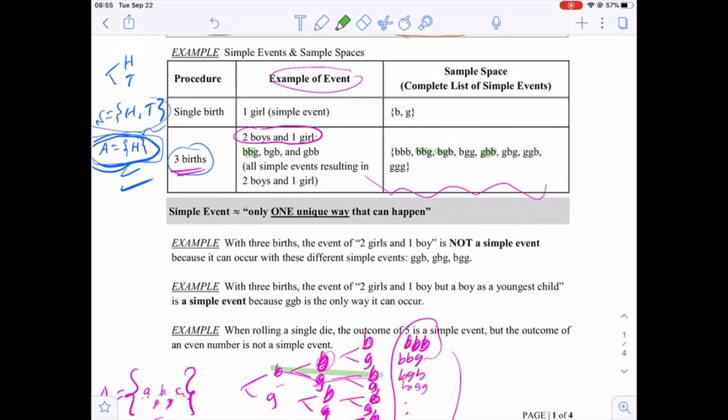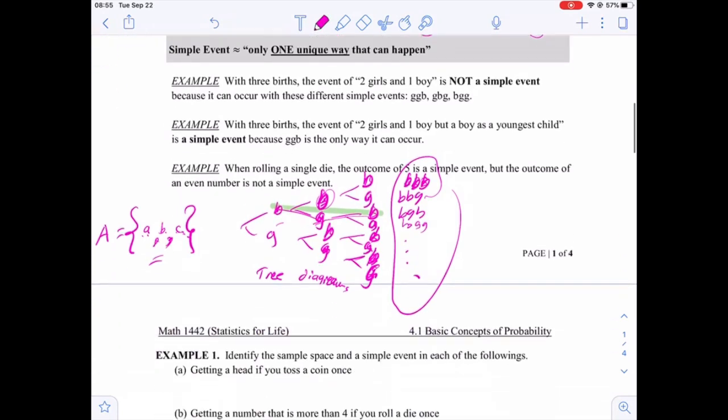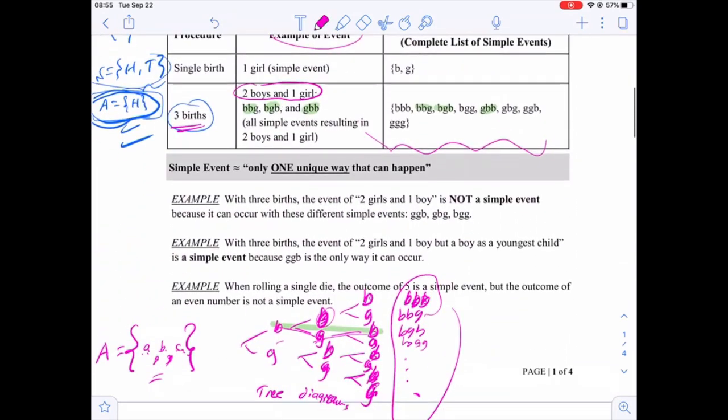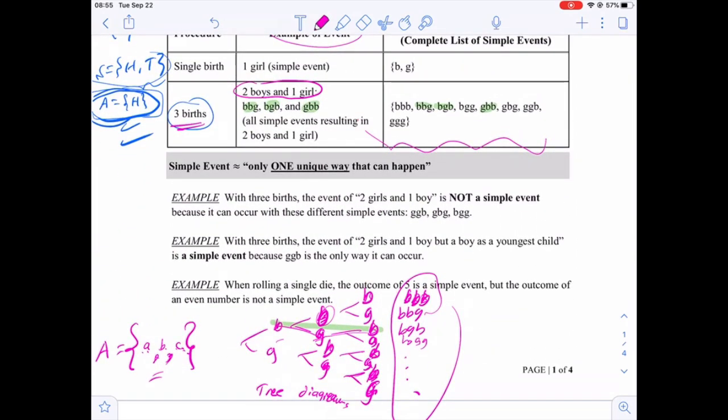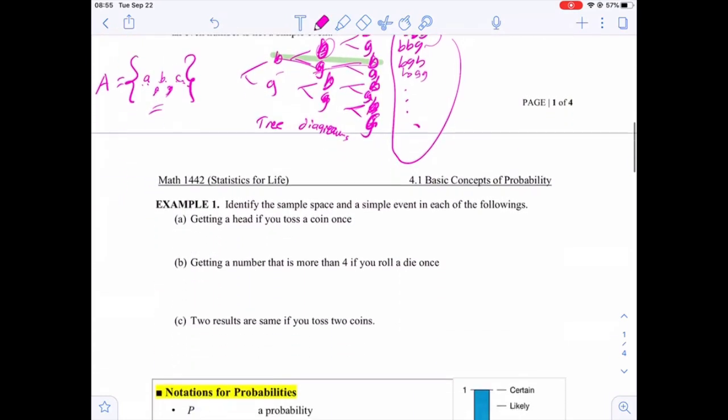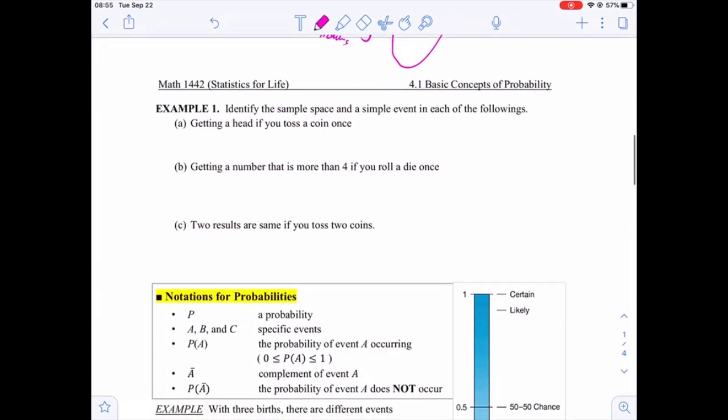So we have 3 outcomes. And those are simple outcomes. We can't divide them into more outcomes. So that's what we mean by event and its relationship with the sample space in general.